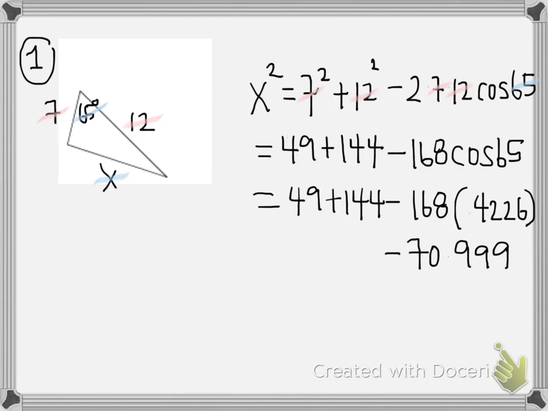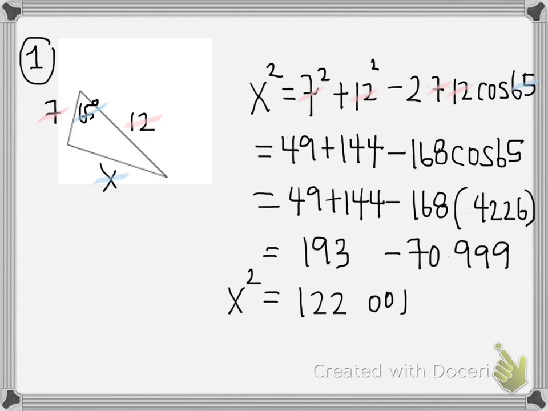So 49 plus 144 is 193. 193 minus 70.9999 gives you 122.001. Okay, that's my answer, right?